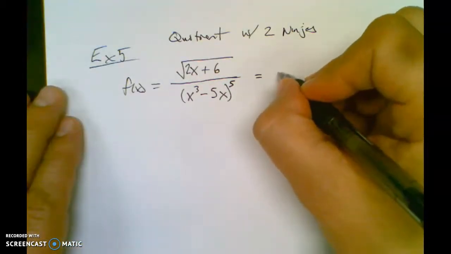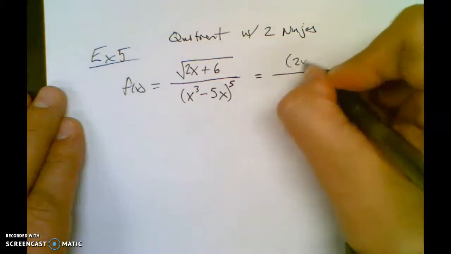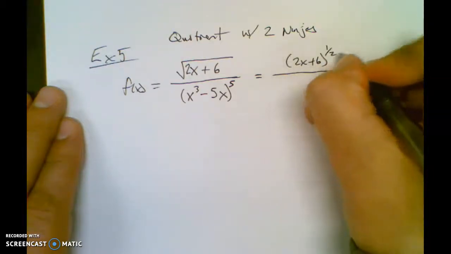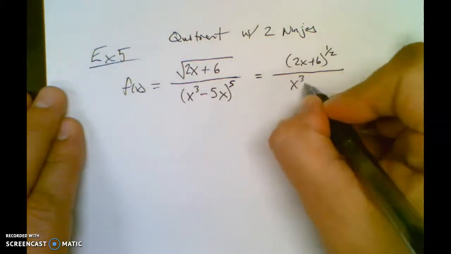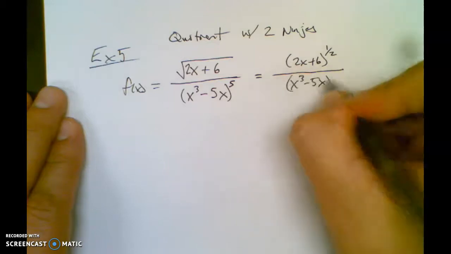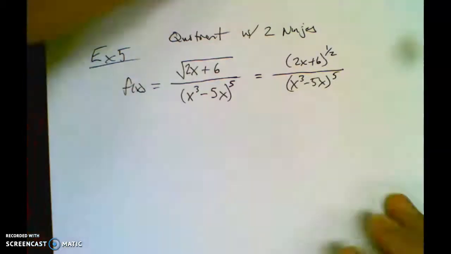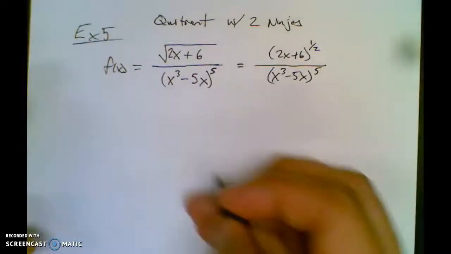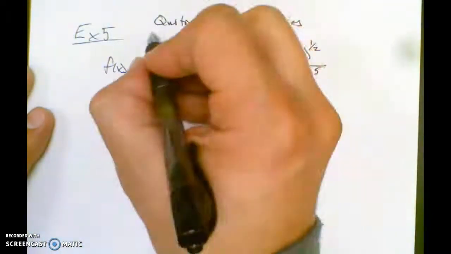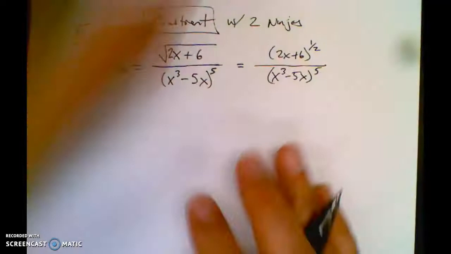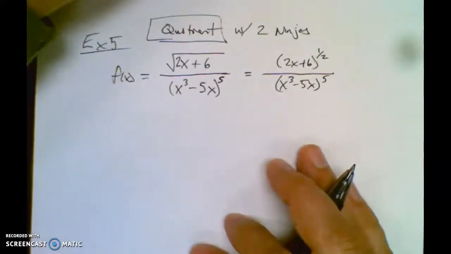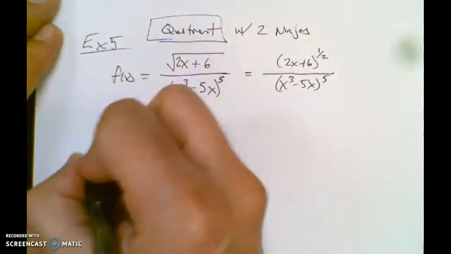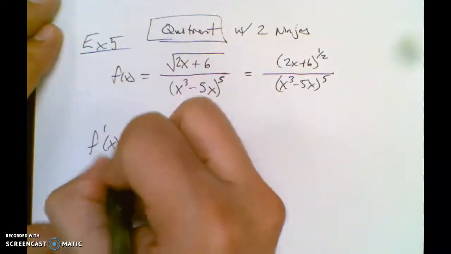And the first thing I do is just rewrite it. I would want to write this as the 1/2 power. Okay. There we go. All right, so second thing, now I'm going to start doing the quotient rule. Just like last time we started doing the ninja rule, the first time we started doing the product rule. So quotient rule, that's low D high, all right?